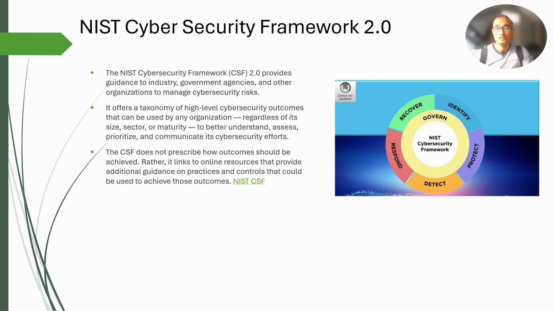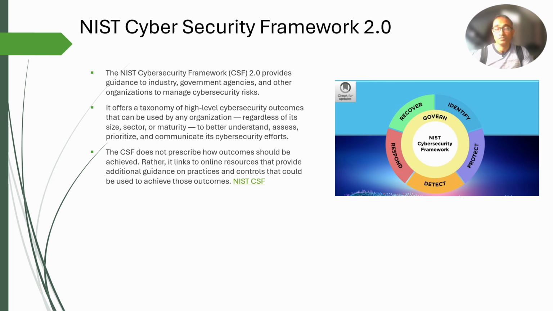However, the big difference is that the taxonomy has now been enriched to include high-level cybersecurity outcomes because of the evolving nature of cybersecurity and how organizations should deal with it.